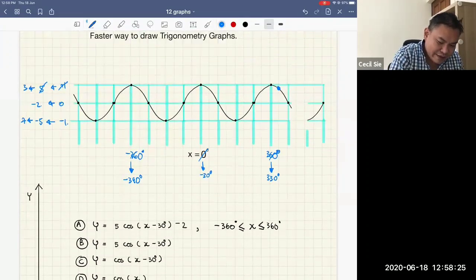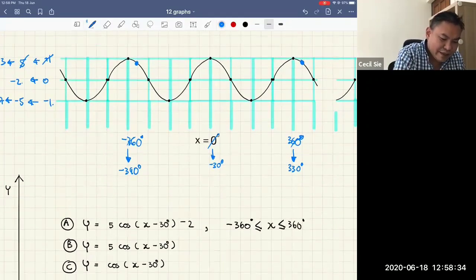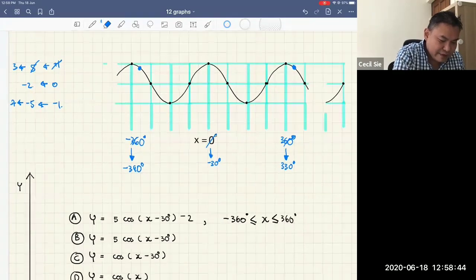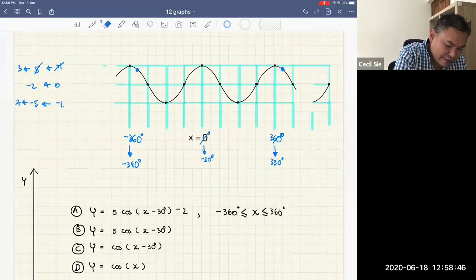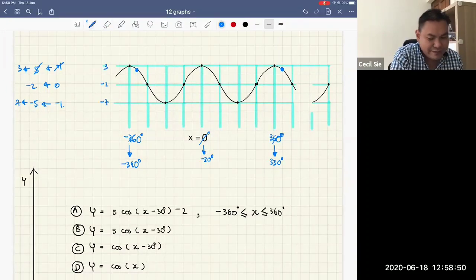And 360, 390, that means negative 360 is a little bit on the right. Then we can erase further. This is 3, this is minus 2, this is minus 7.